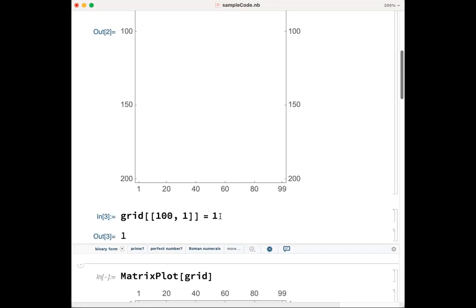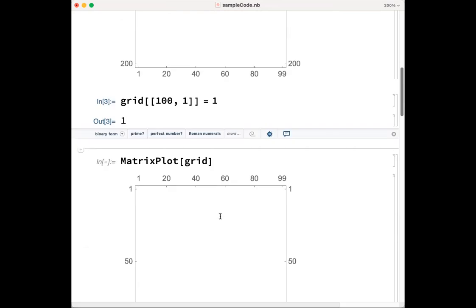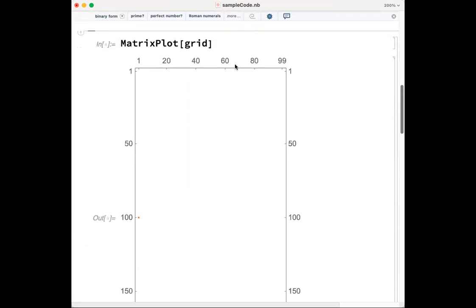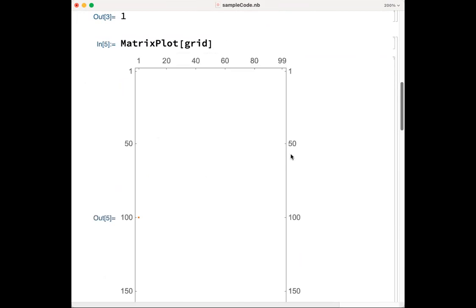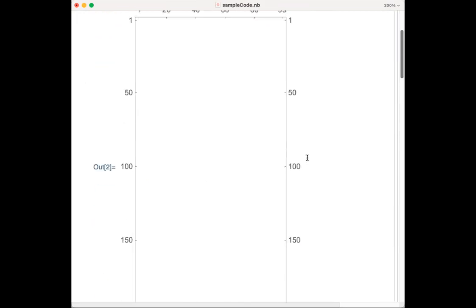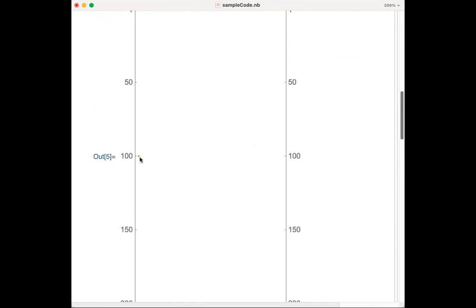And there we go. We just changed one point in the grid from being a 0 to a 1. And if I click here, you see that my grid went from being empty to now having this little orange dot right here.